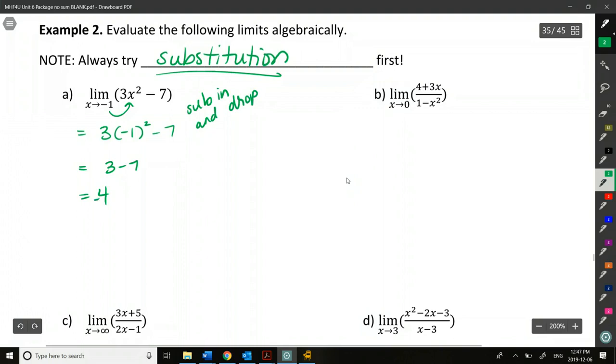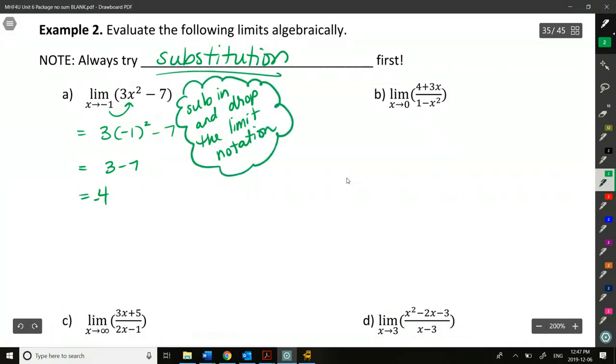Okay, is this an acceptable answer, -4? Is that okay? Yeah, that's fine. So substitution in this case works all right for us.